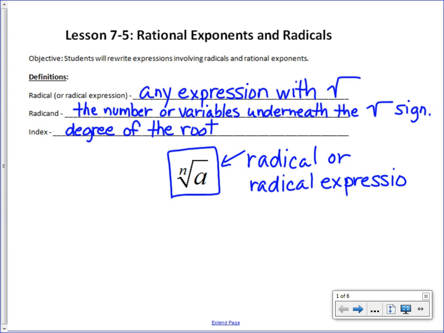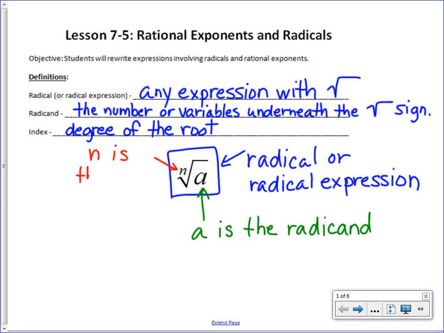In our example, the A is the radicand, and the N is the index, or the degree of the root.